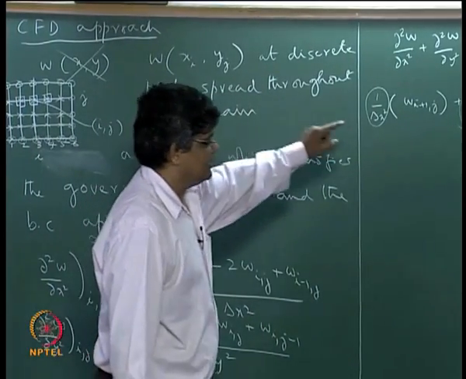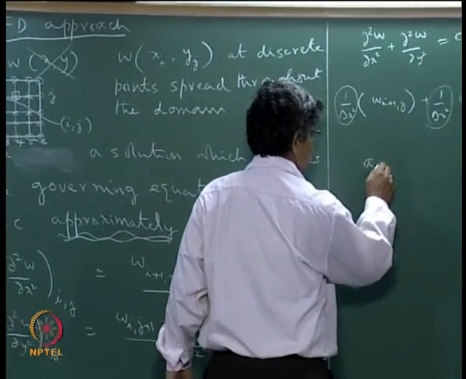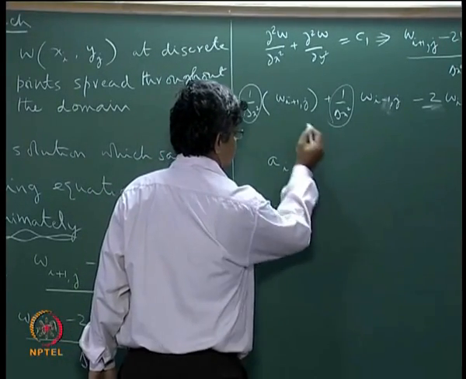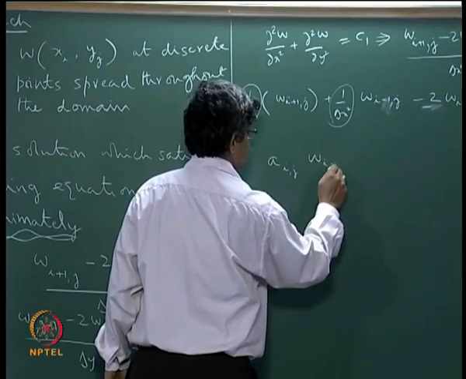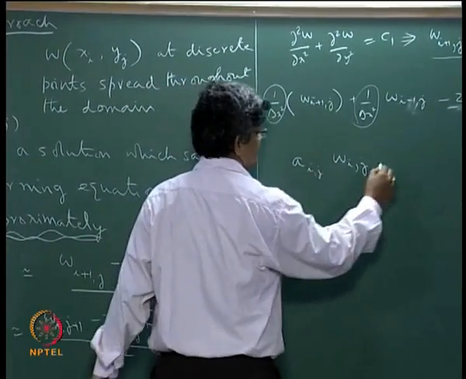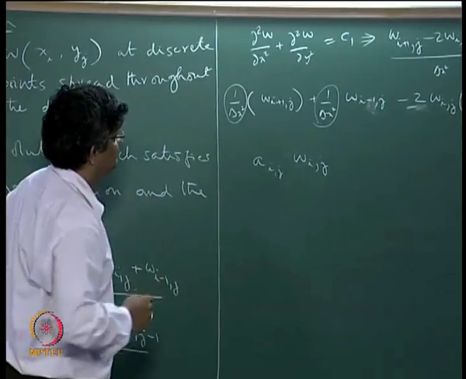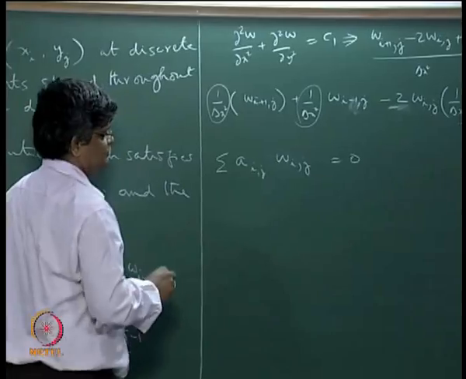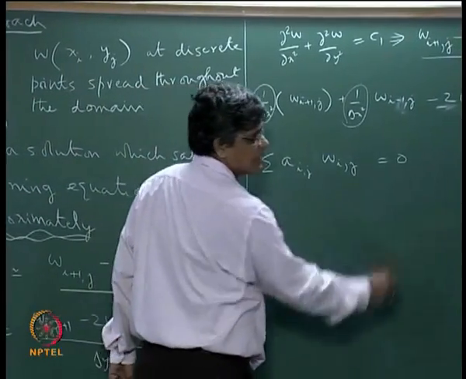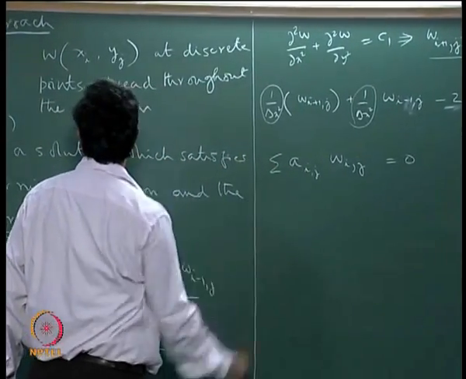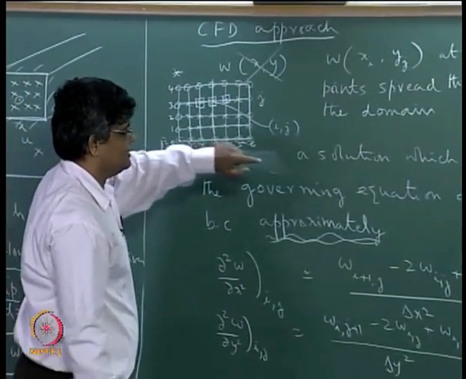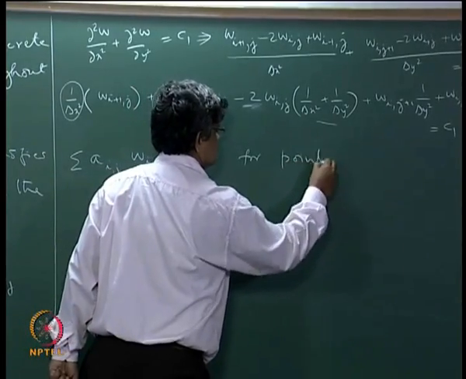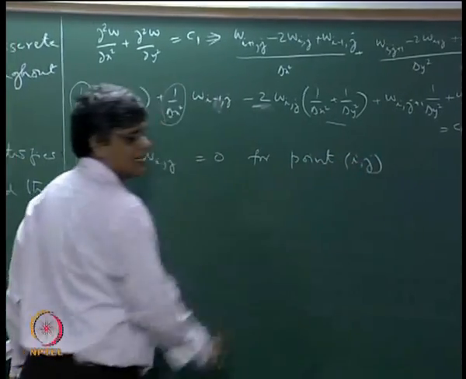So we can rewrite this expression as Aij w equal to 0, where this is an algebraic equation for the point ij.